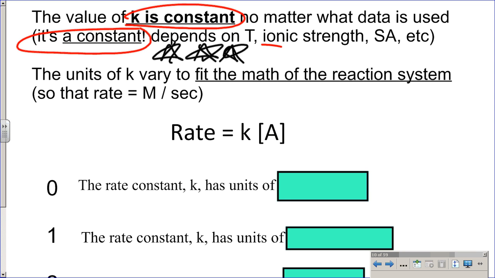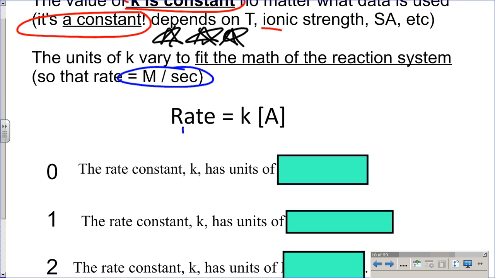But the units of K are going to be different on different rate laws because it has to fit the units of the overall rate law. So the rate always has the units it has to have. Rate always has units of concentration over time, always. So in my example here, rate is equal to K times concentration. Rate is molarity per second.